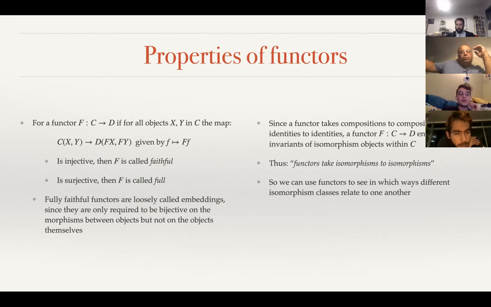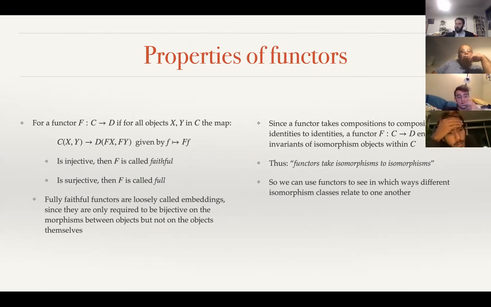So a functor defines, for two objects X and Y, a map from the maps from X to Y to the maps from Fx to Fy in D. All it does is send f to F of f.